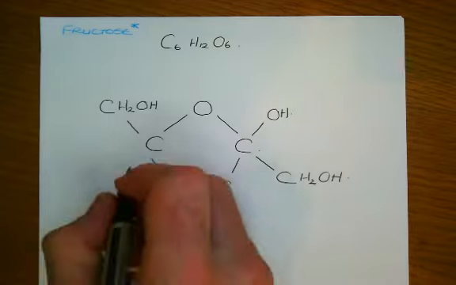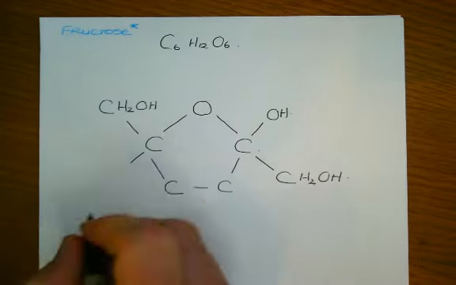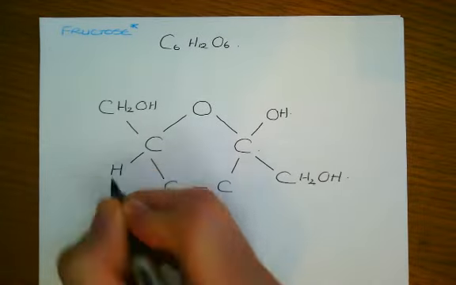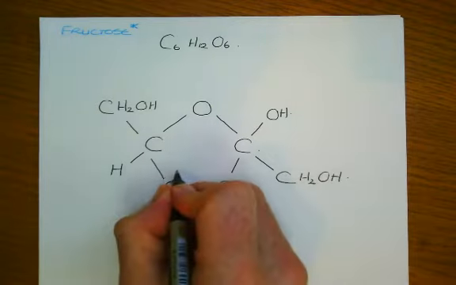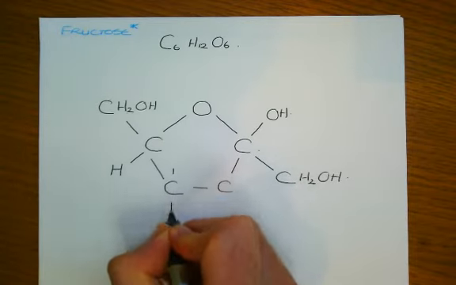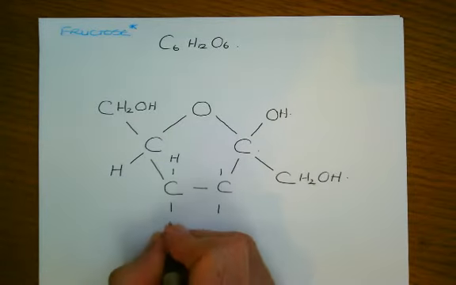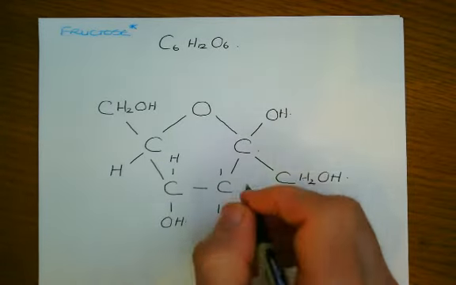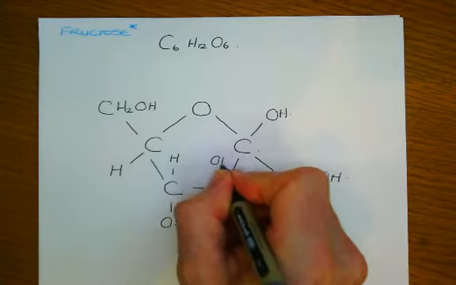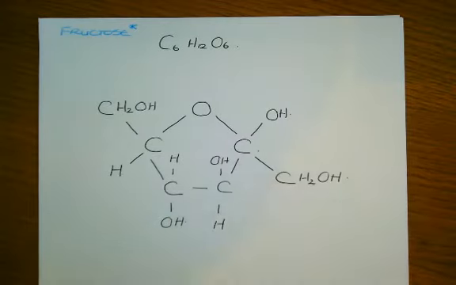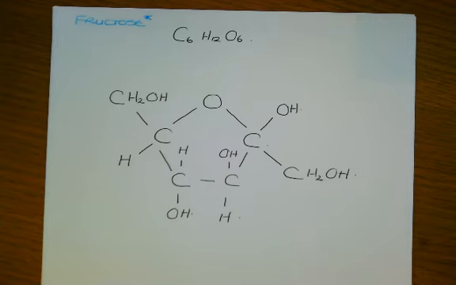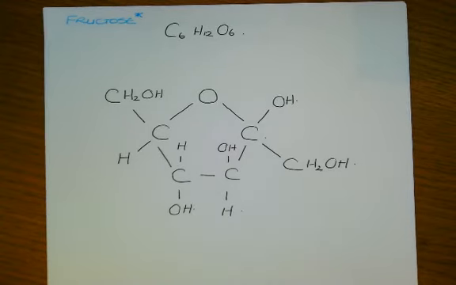It's this OH group which is involved in the formation of a bond between another alpha glucose molecule to form sucrose. And if we look at the rest of the molecule, we would have a hydrogen here, hydrogen here, so an OH group here, and an OH group here, then a hydrogen here.